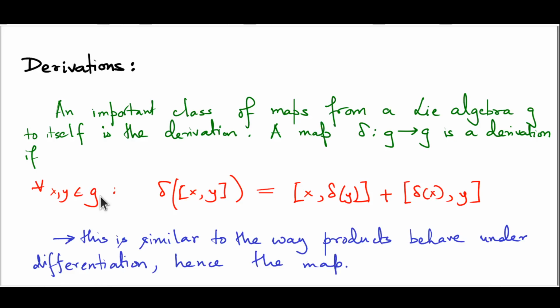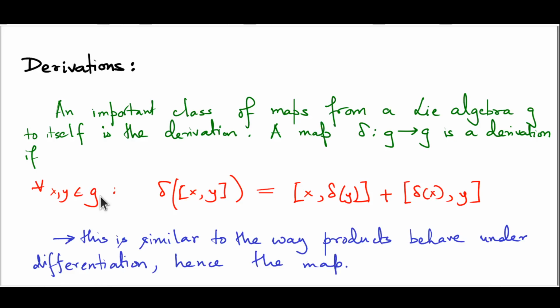For every pair of elements x and y taken from the Lie algebra G, the map delta acting on the Lie bracket of x and y gives you the Lie bracket of x with delta acting on y, added to the Lie bracket of delta x and y.